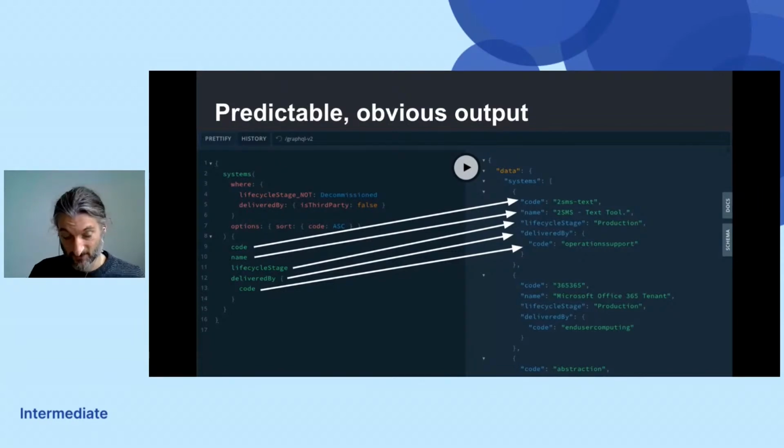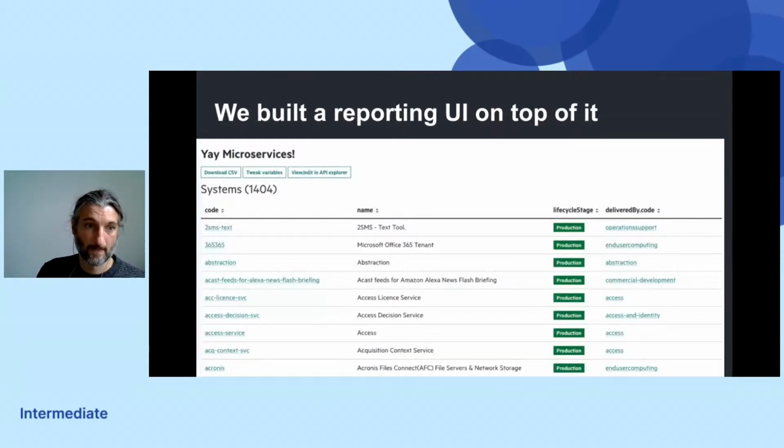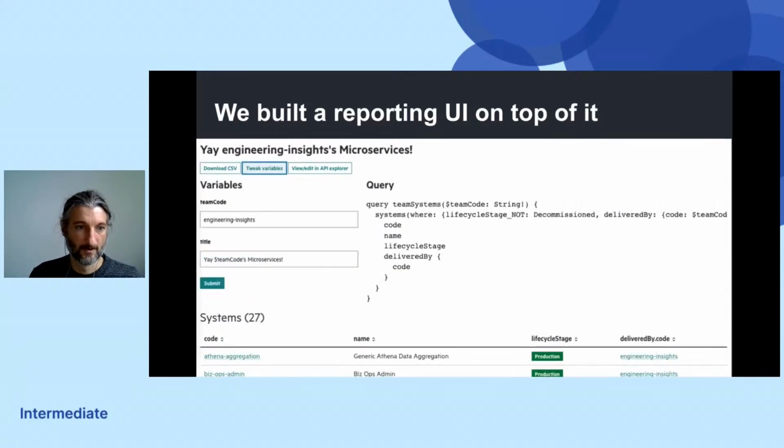So having something which returns nested graph-like data is really nice. Having said that, we have built a reporting tool which can convert it back into rows of data, because that is sometimes what you want. And this also contains the ability to parameterize queries.